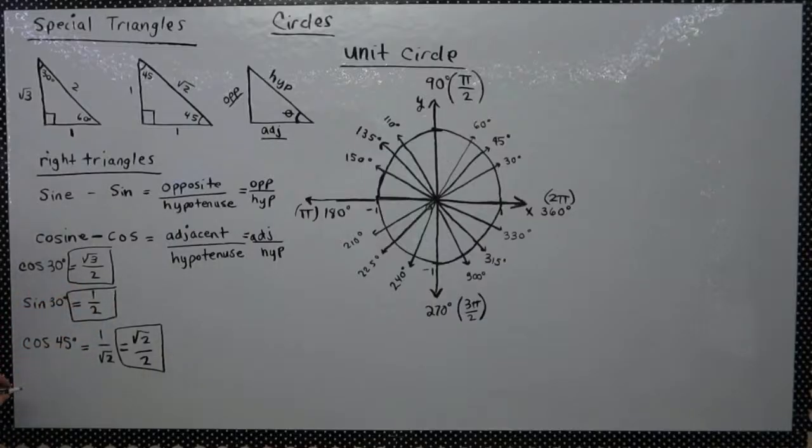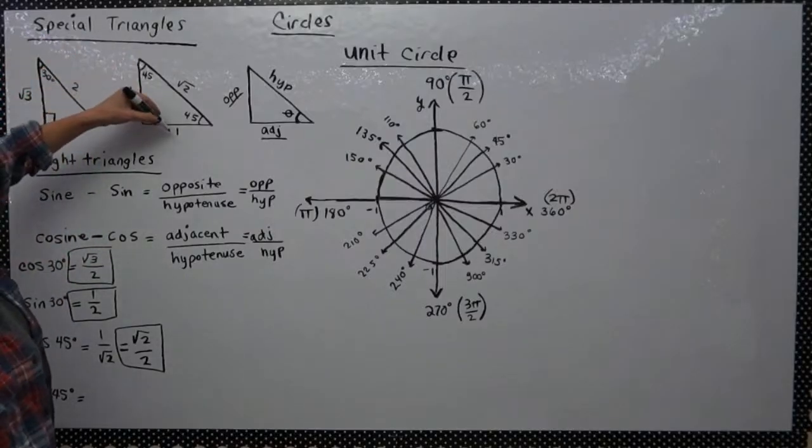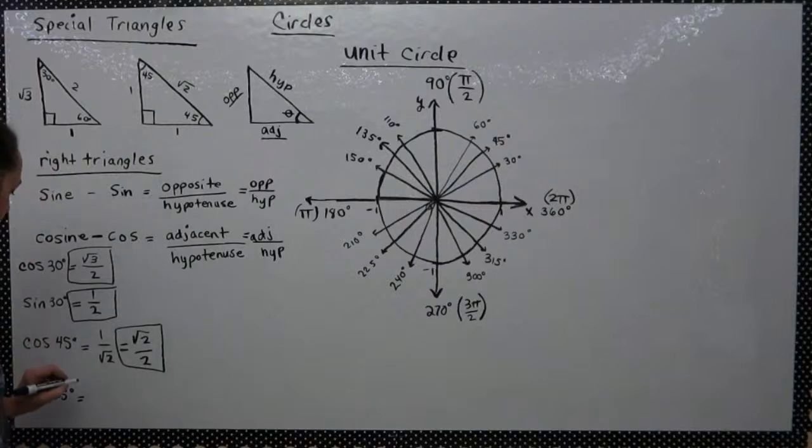And I need to see if I have room down here for the sine of 45. Sine of 45 by definition is opposite over hypotenuse, which is 1 over radical 2.